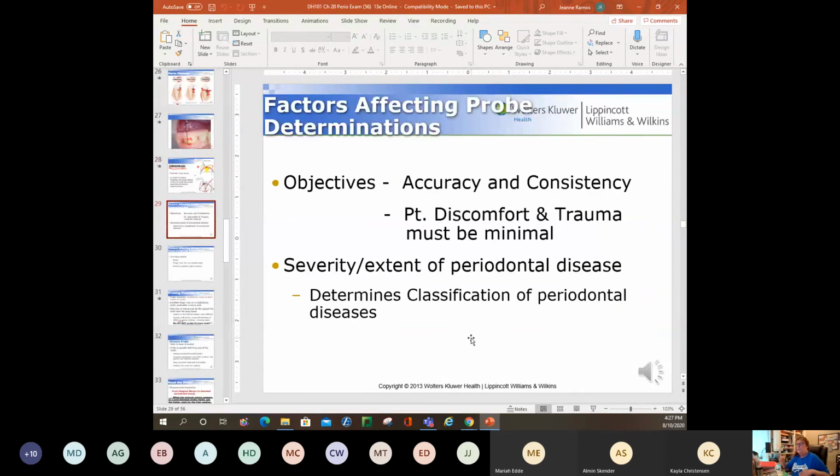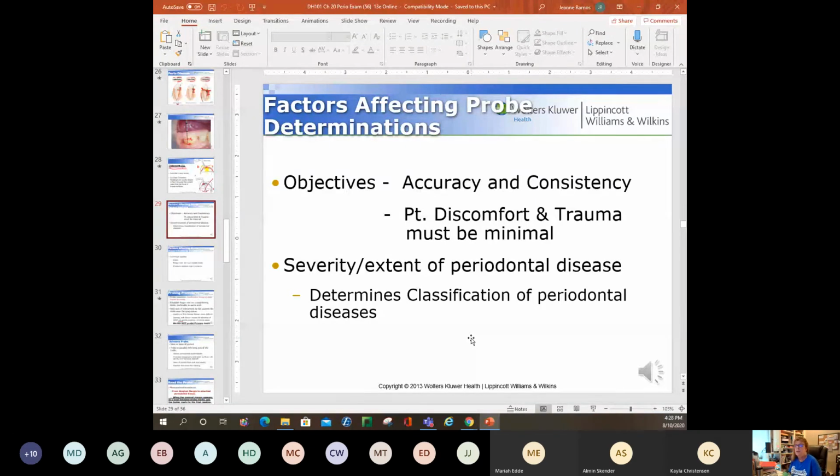So we need accuracy and consistency. Patient discomfort and trauma need to be minimal. Some people even have to have anesthetic before their gums are so diseased. They want an anesthetic before you do the probing. So it's okay.